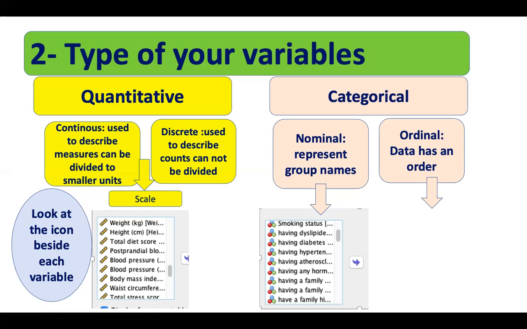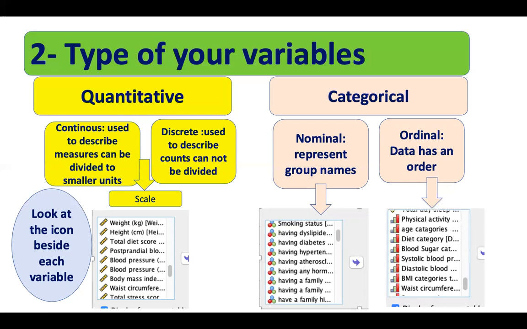So it is an order. For example, physical activity: low, moderate, high. So it has an order. Beside your variable, you will have this icon, which is in the form of 3 bars, as you see, 3, 4, 5. This will be on all your variables which are ordinal variables.